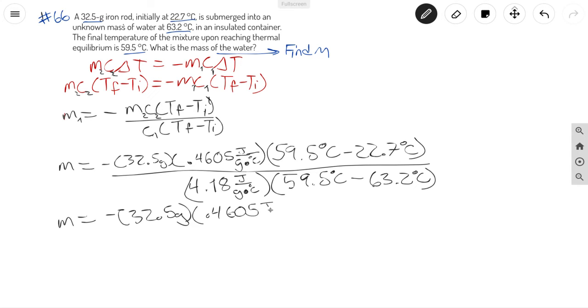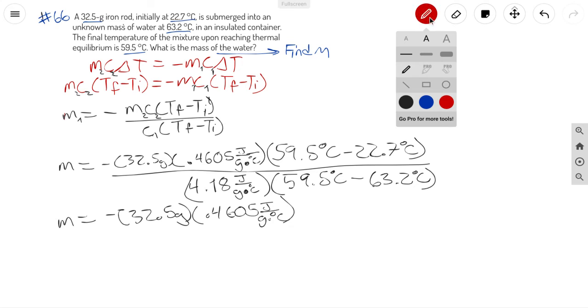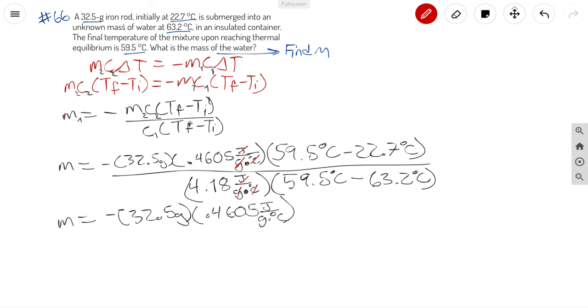And also note that the units will cancel out except for this one gram here. The reason being is that since we're solving for mass, the only unit that should be left should be grams.